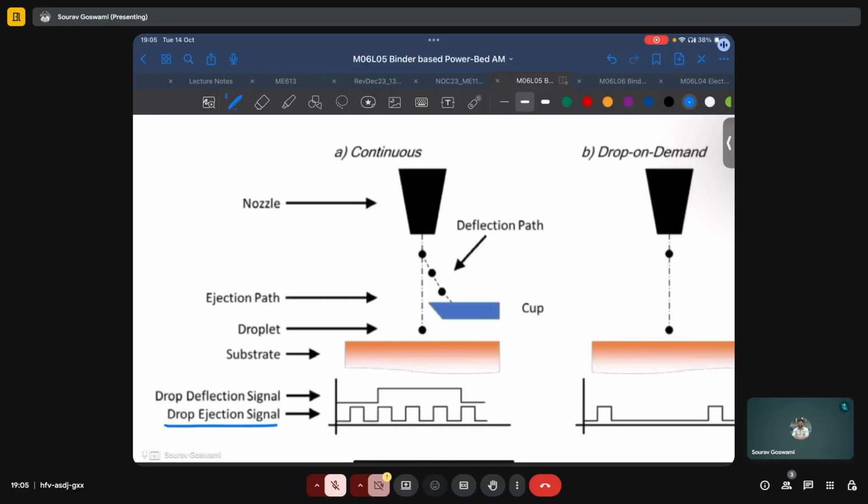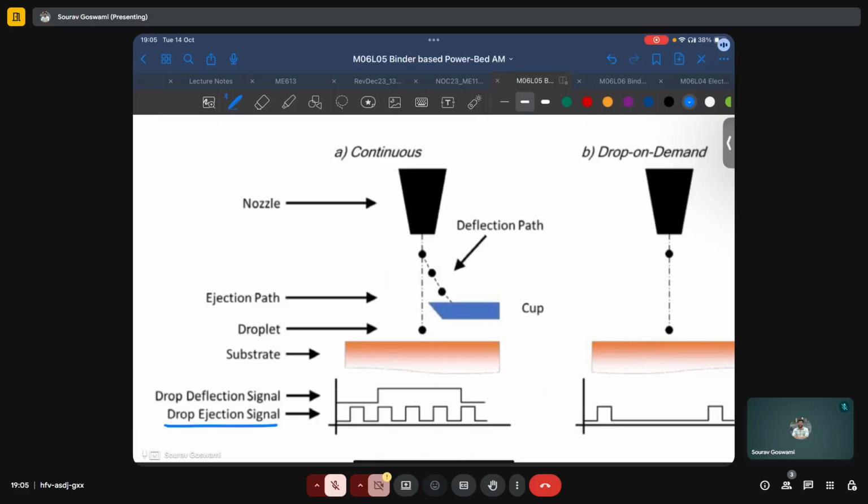However, the binder may not be required at each and every location as the head is moving on the print region. And to control or prevent the transfer of these binder drops to the powder in regions where it is not required, we can have a deflection mechanism which transfers these droplets to a cup.